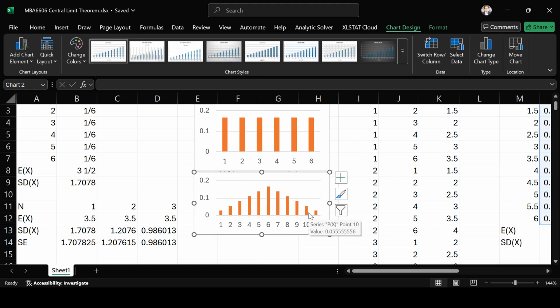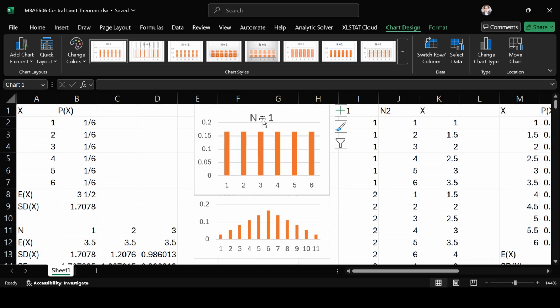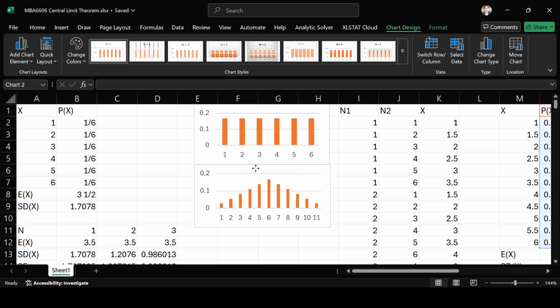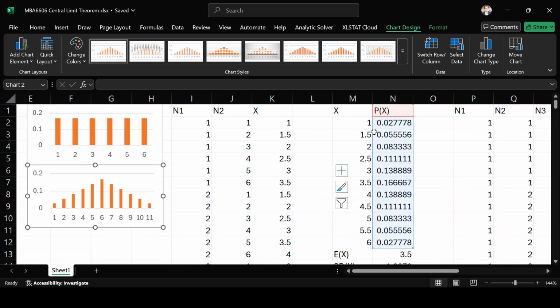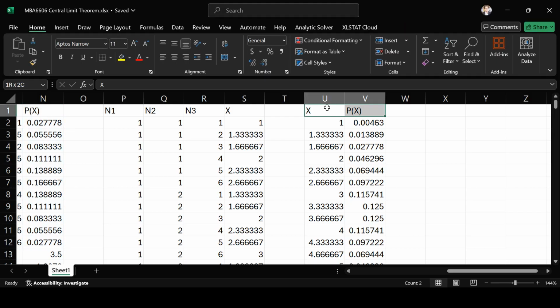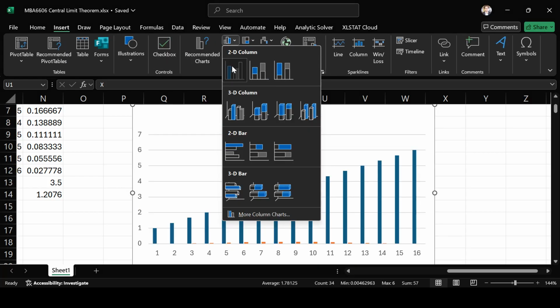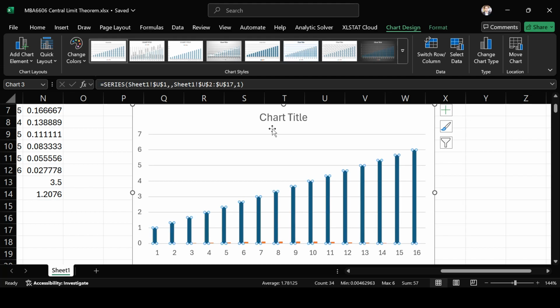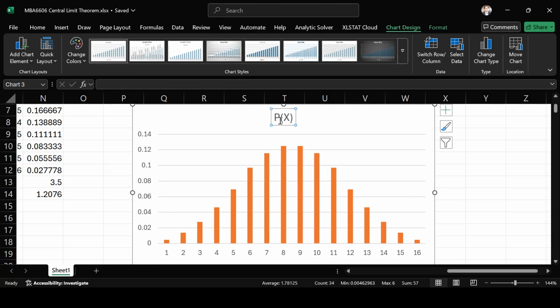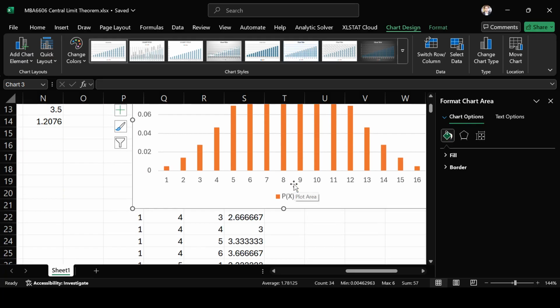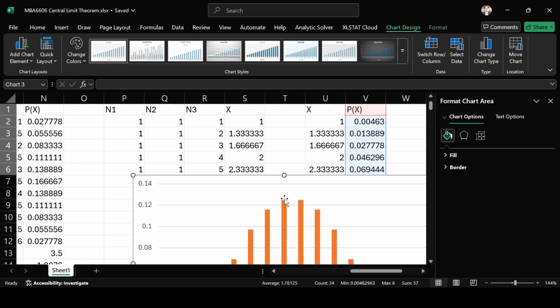This is too crunched up, so let's eliminate this so that we are able to see all 3 of them laid one over the other. We know this is n is equal to 3.